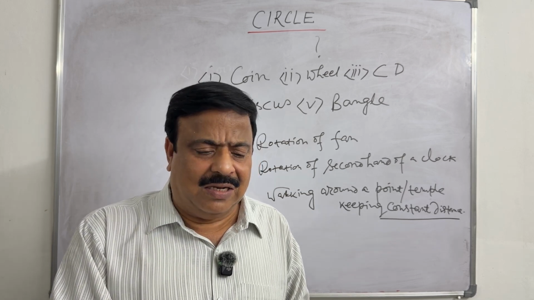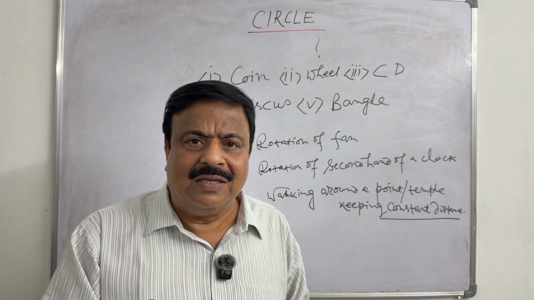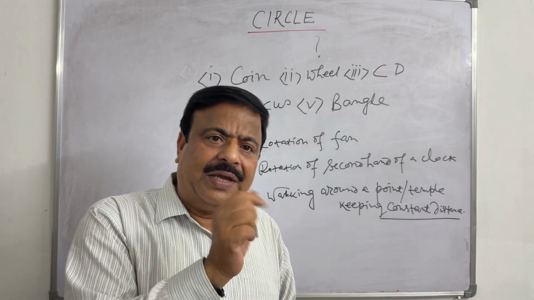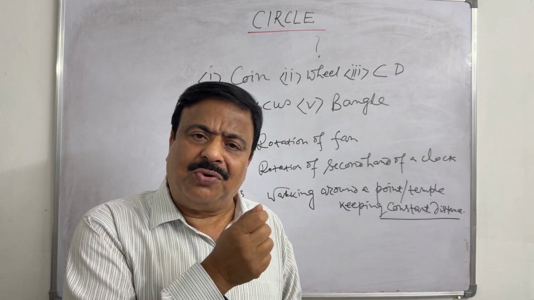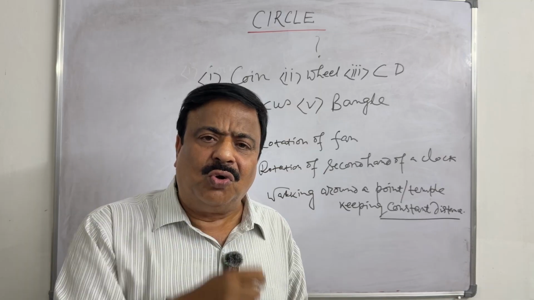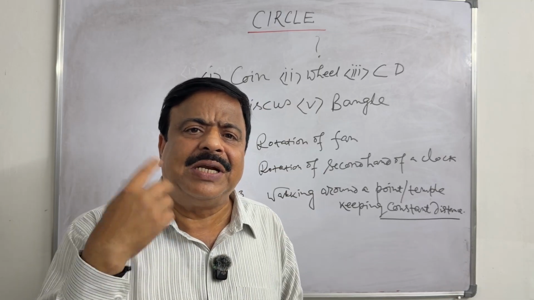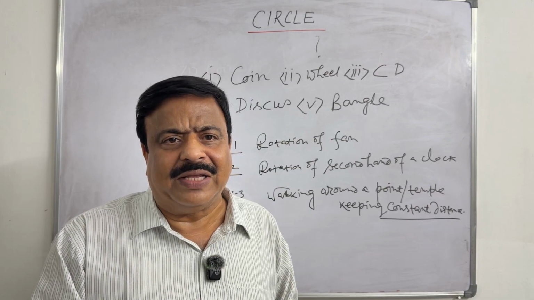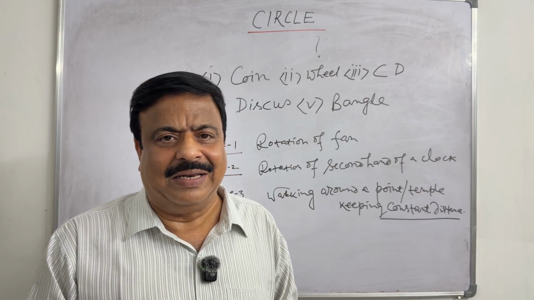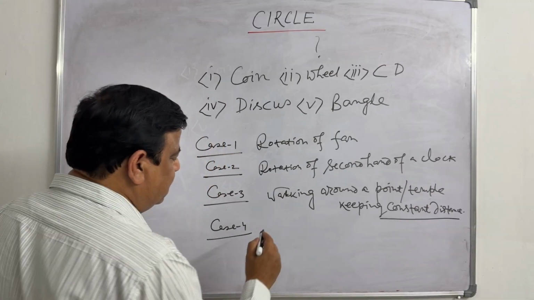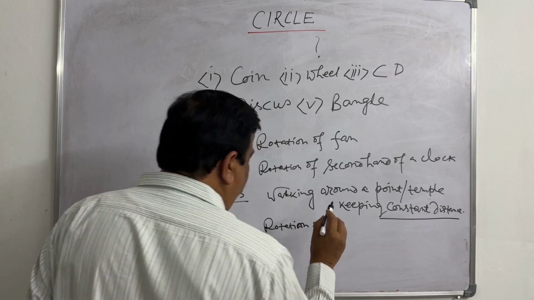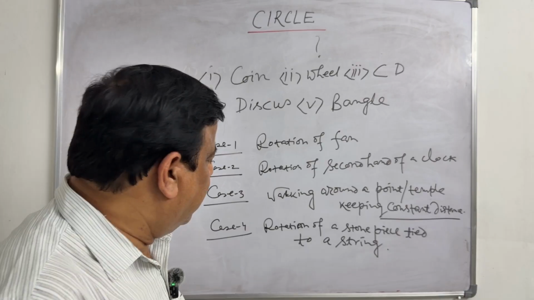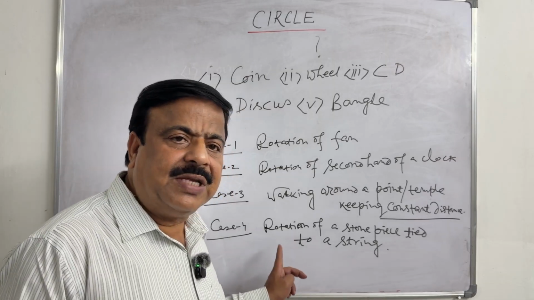It will be circle. अगर आप एक धागे का साथ किसी स्टोन पीस को टाई करेंगे और धागे का दूसरे एंड को होल्ड करके उस स्टोन को घुमाएंगे, तो नेचुरली what path the stone piece will trace? It will be a circle. Okay, so case 4 is rotation of a stone piece tied to a string. You can get a concept of circle from this example also.